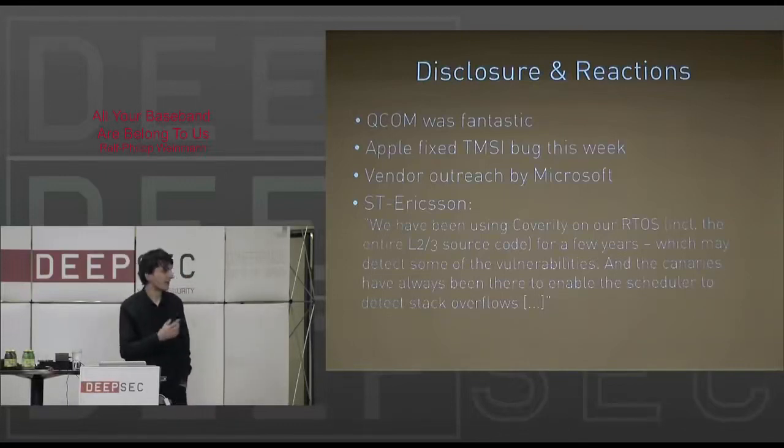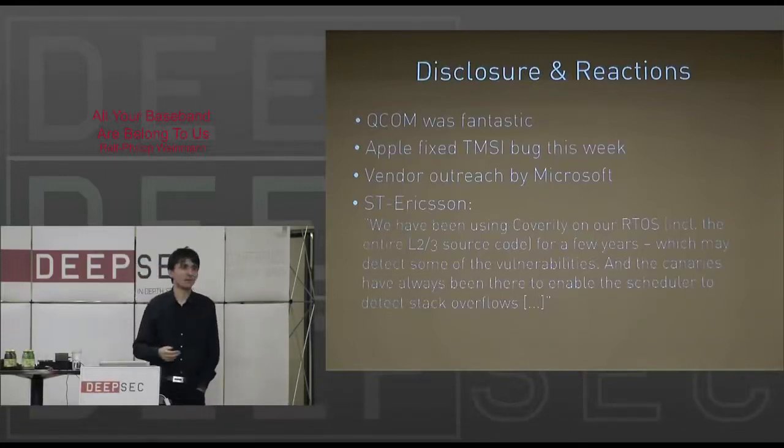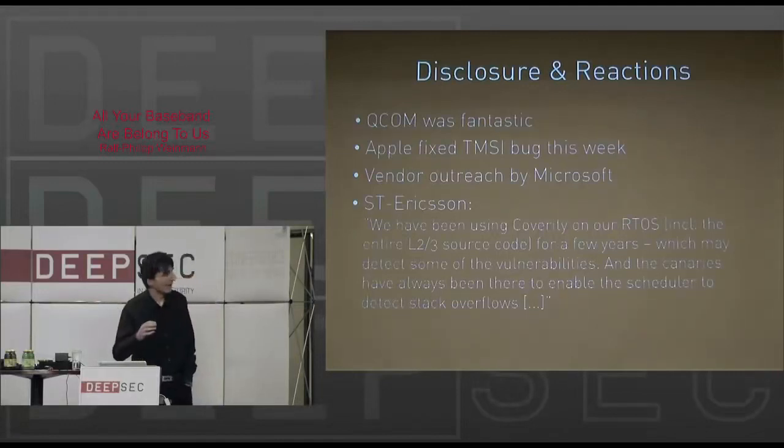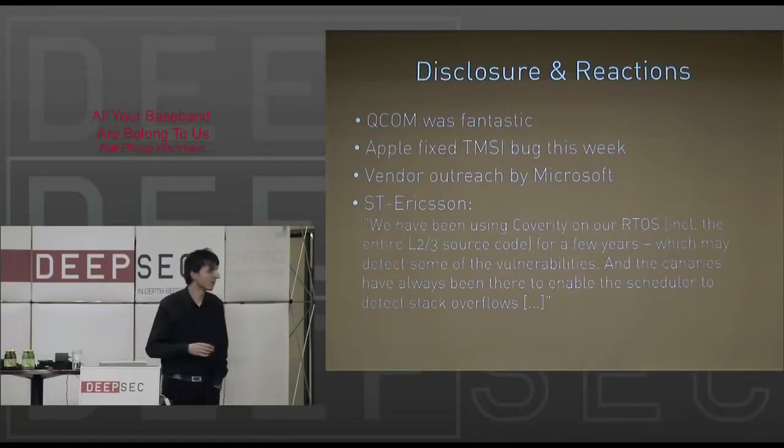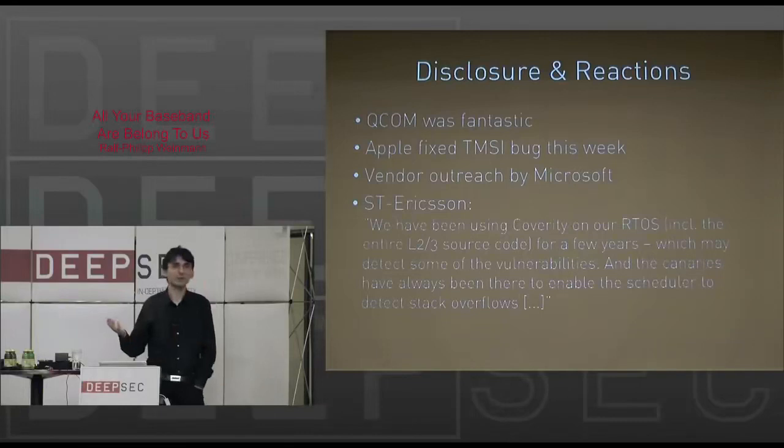Same for Qualcomm. There was a vendor outreach program by Microsoft, who basically contacted all of the baseband vendors, if I understand this process correctly. And one interesting remark I got from someone from ST-Ericsson, who explicitly told me that he can publish this email, so I use parts of this email.